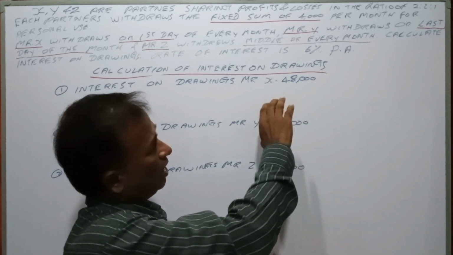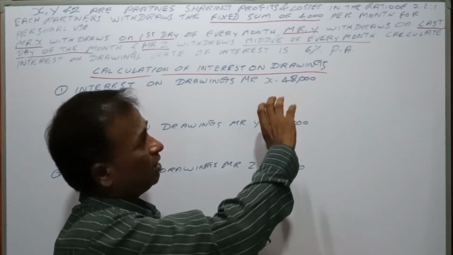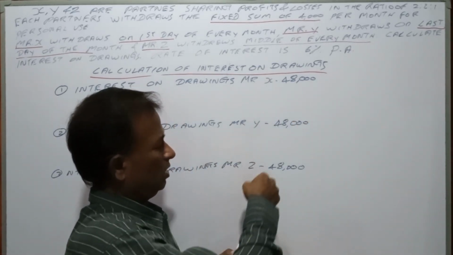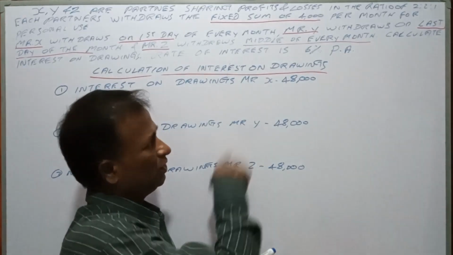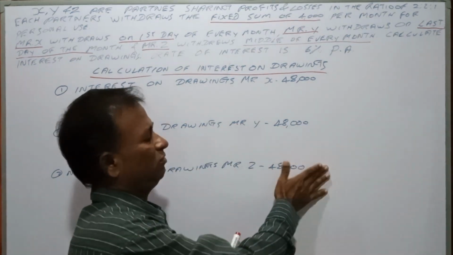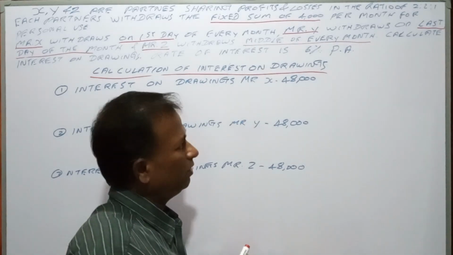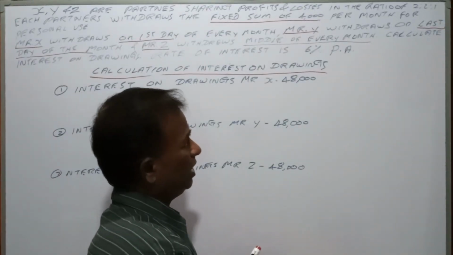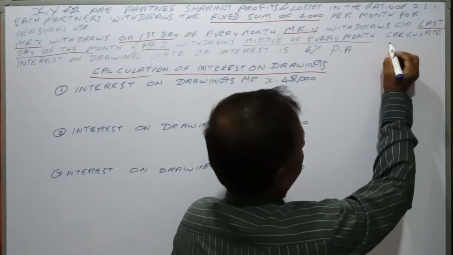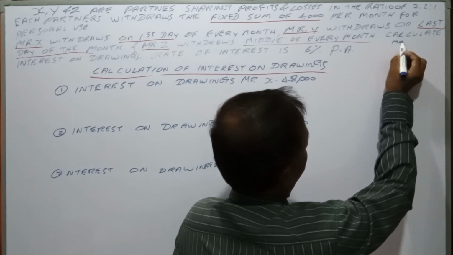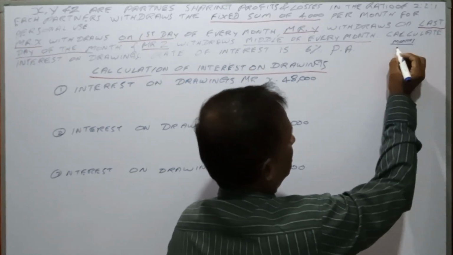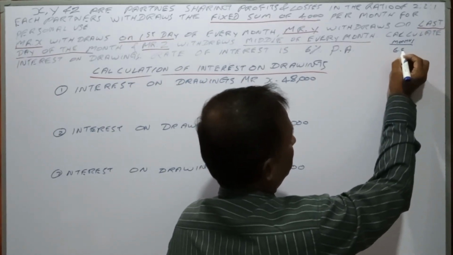Y draws at the end of every month, whereas Z withdraws 4,000 in the middle of every month, but the balance is the same. If you say every first day of the month, in the sense of months, if you calculate, it will come around 6.5 months, right?